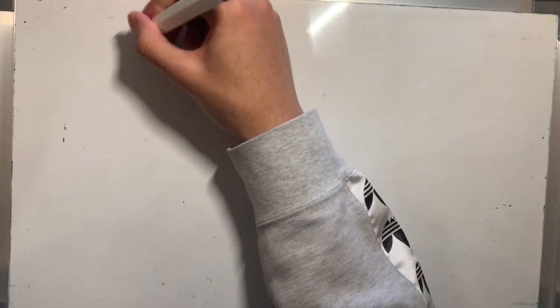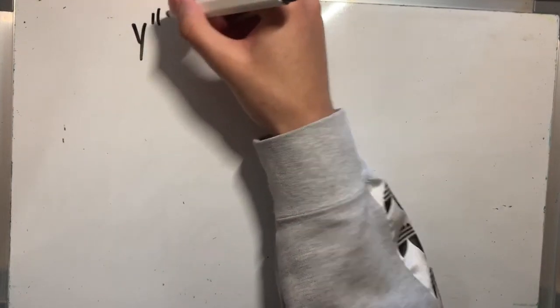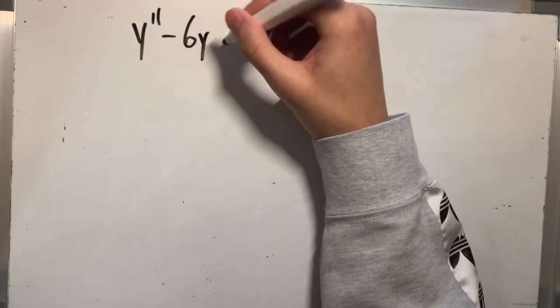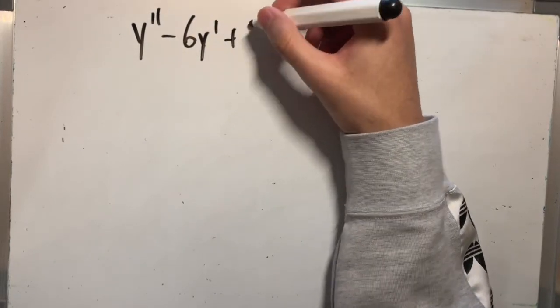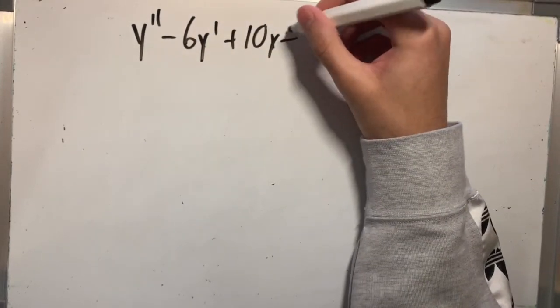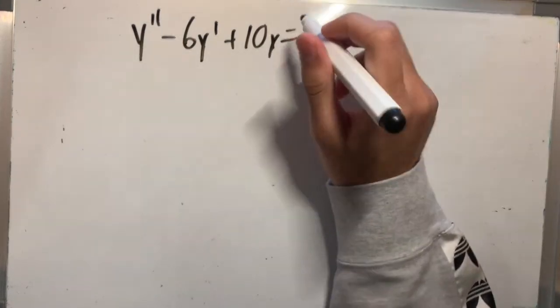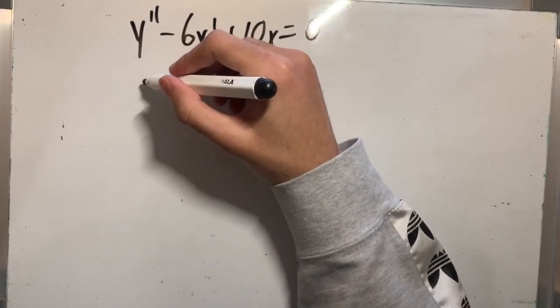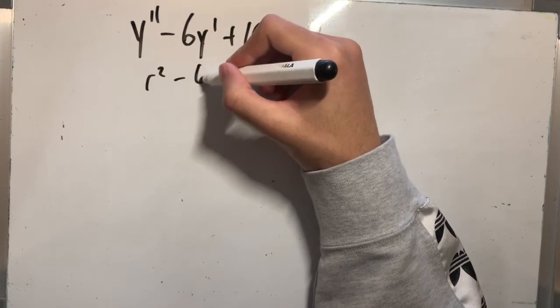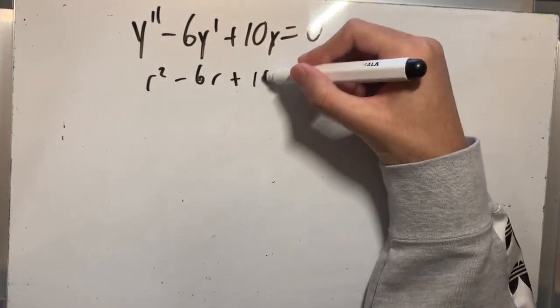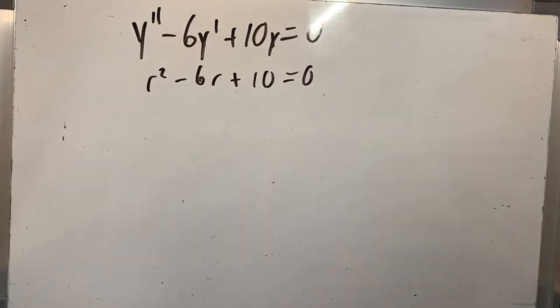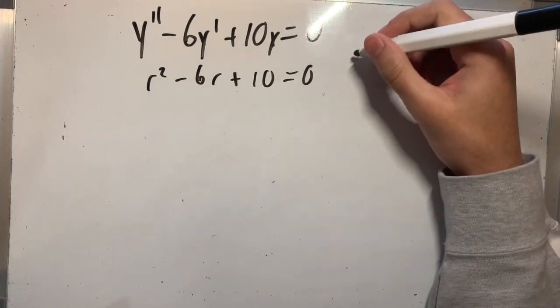So let's say you have y double dash minus 6y dash plus 10y is equal to 0. And solving, we got r squared minus 6r plus 10 equal to 0. Probably use the quadratic formula.